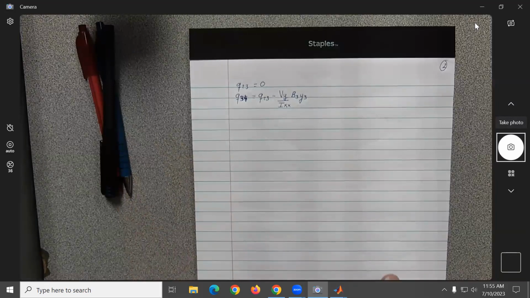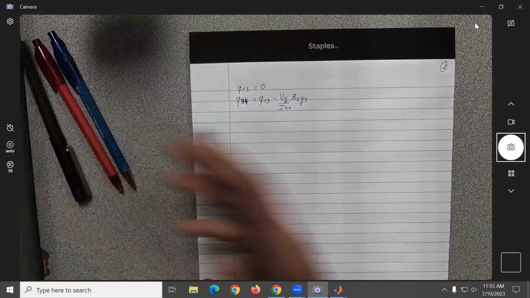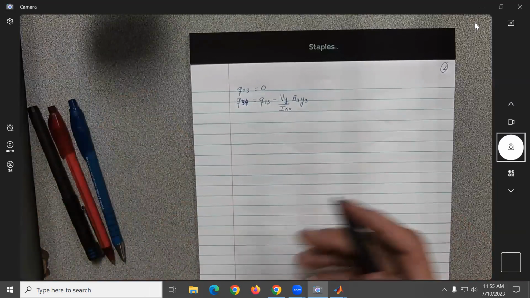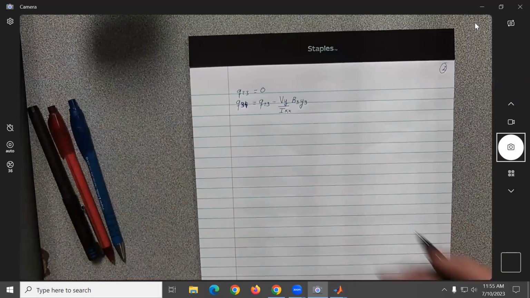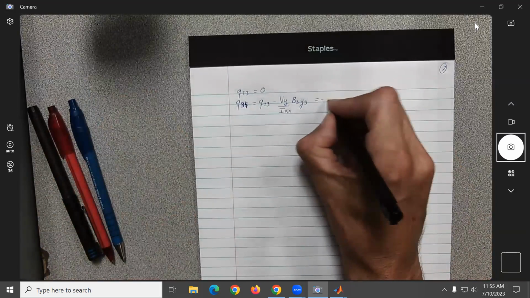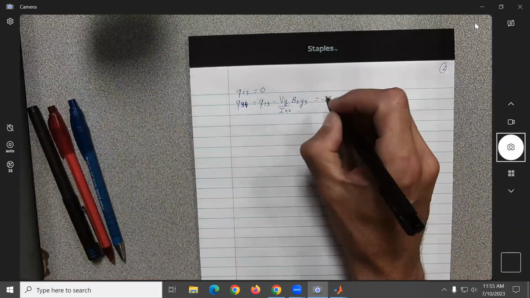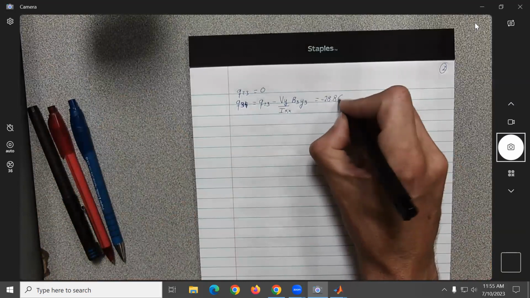If this was an assignment, I would just use the MATLAB code to check the calculations, but I still do the work through the papers or the presentation. So this gives you Q34 equals negative 28.86.